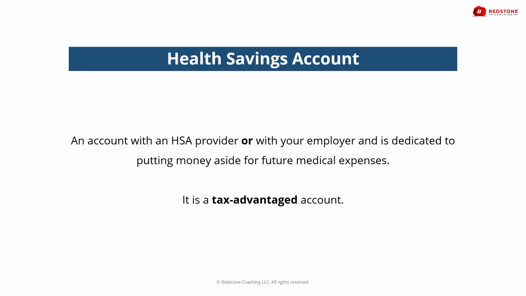And think about how much you're paying in taxes on your money. Well, oftentimes we're paying anywhere between 20 to 40%. So if you're paying 20 to 40% taxes on your money, then if you don't have to pay taxes on your money, and in this case for a health savings account, you're using pre-tax dollars, which means dollars that you have not paid taxes on, it's like getting 20 to 40% automatically back on your money.